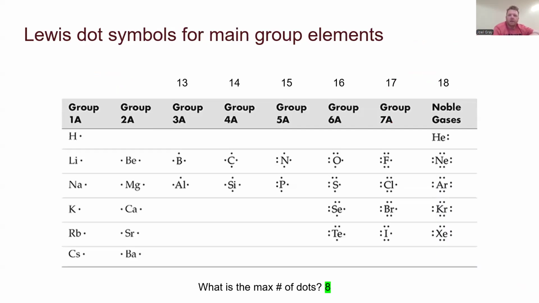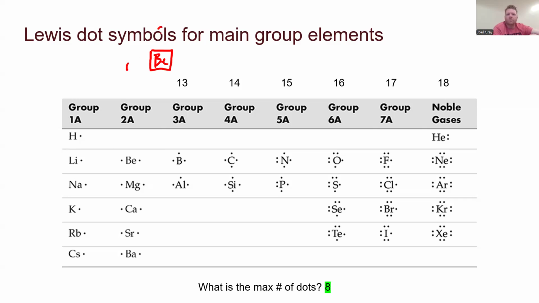Now we'll jump ahead, and here is a rundown of the periodic table or our main group elements. There's a little bit of a difference in the way that they did it and the way that I did it. I'm not going to really be splitting hairs on which one is correct or incorrect. But what I am looking for is I want you to treat each symbol, let's say Be, as basically being in a box with 4 sides.